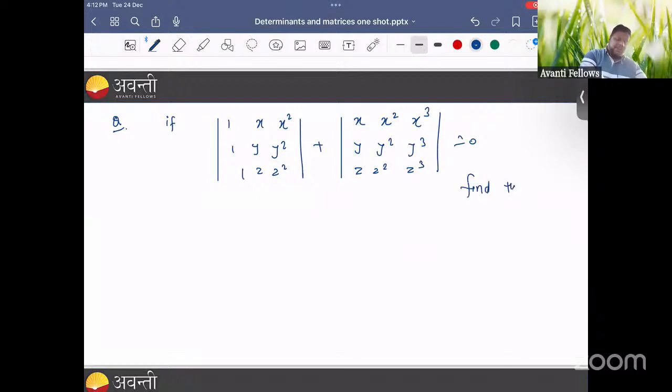Find the value of x, y, z if x is not equal to y, which in turn is not equal to z. Take a moment. Give me the correct answer. Quickly. What is the value of x, y, z?